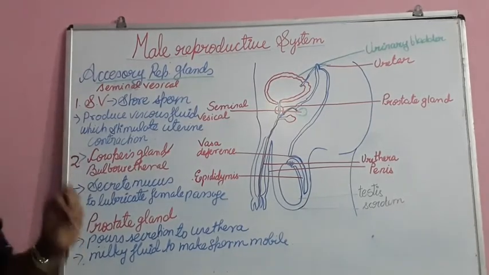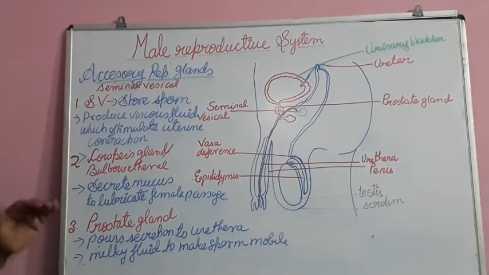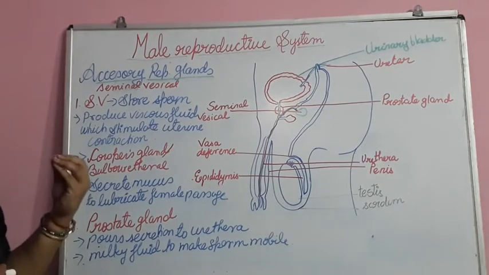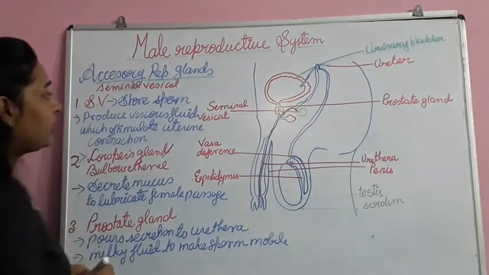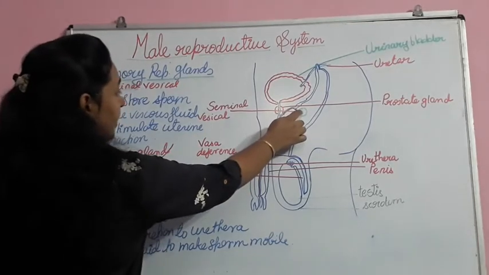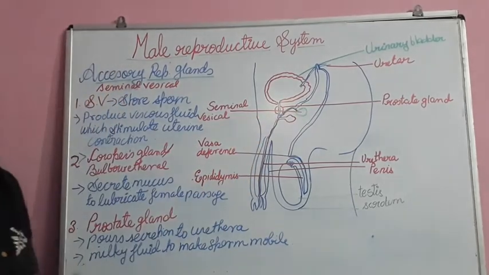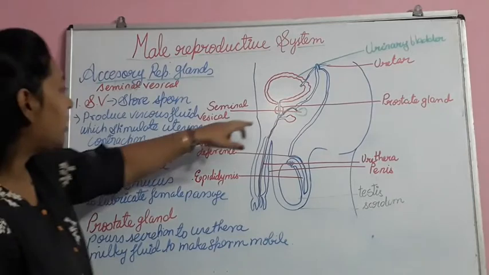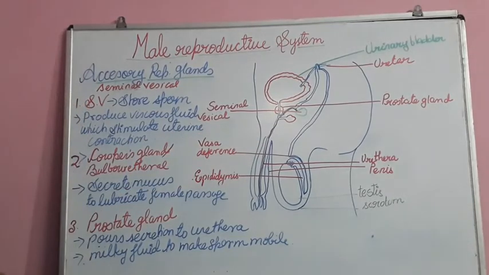The seminal vesicle is the place which stores these sperm cells and also gives a viscous fluid to the urethra. So from here, through this seminal vesicle, some viscous fluid is secreted to the urethra. The work of this fluid is to stimulate the uterine contraction of the female's body.